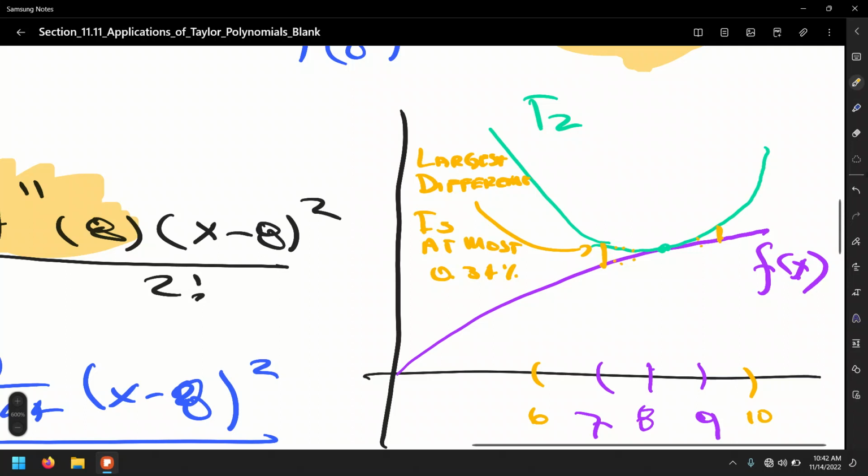Now, if we want to keep the interval 6 to 10, what would we need to do in this case to reduce that error? Add more terms.